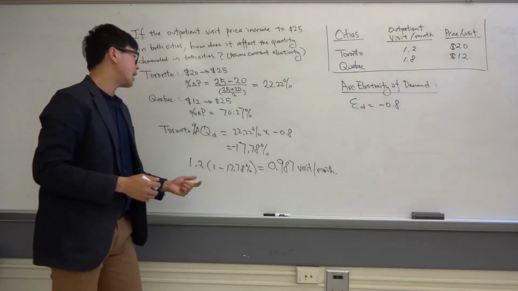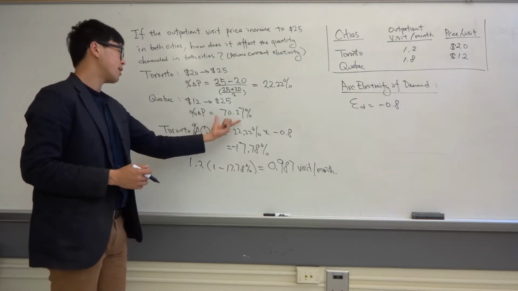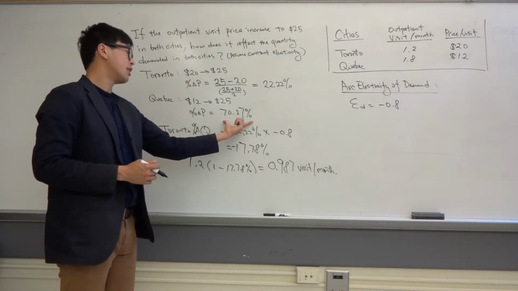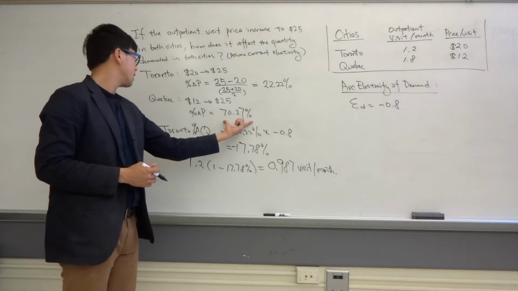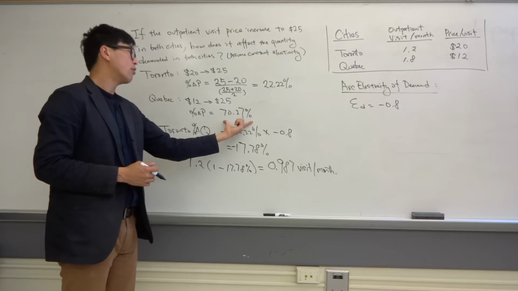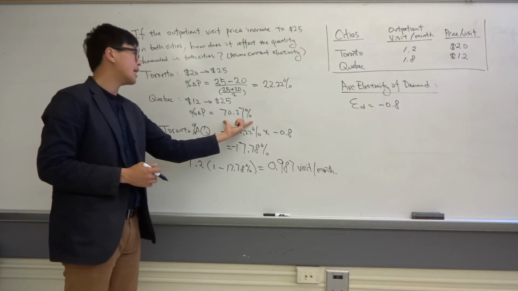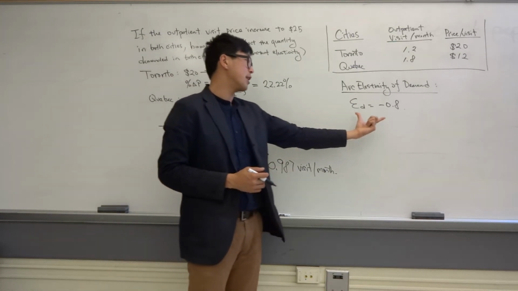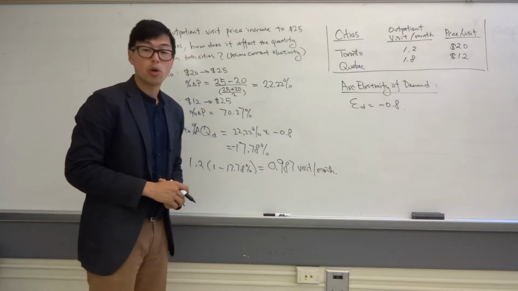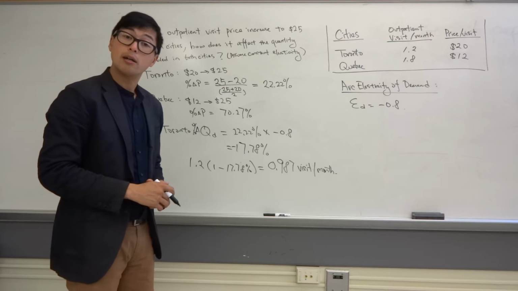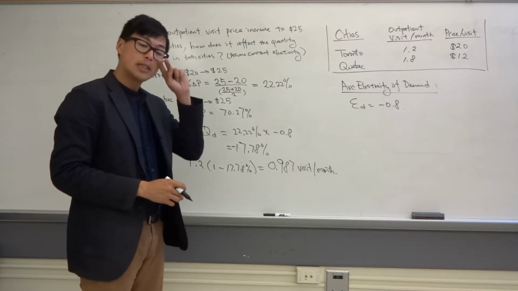I suggest you do the same thing using this result here. You know the percentage change in price in Quebec, and I would like you to use this coefficient to calculate how much it will affect the quantity demanded for outpatient service in Quebec.